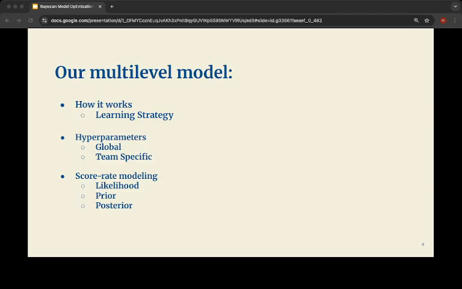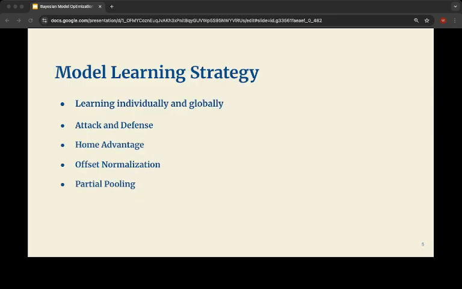So the learning strategy of this multi-level model, what hyperparameters this multi-level model has, and how we do the score rate modeling on this model. The model learning strategy is basically 5 key points.